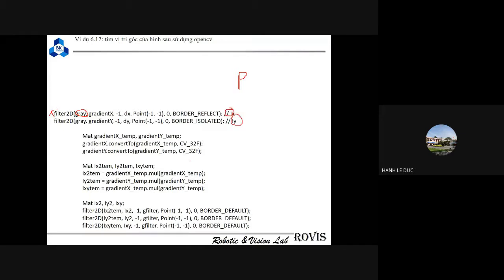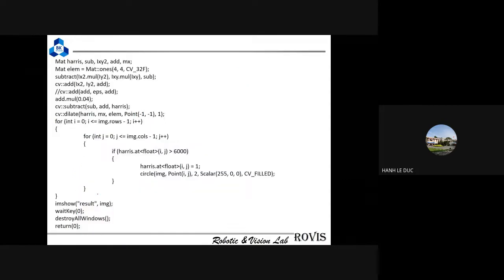And then we multiply to get Ix square, Iy square, and Ixy. And then we apply a Gaussian filter on these images. And then after this step, we calculate the R matrix.